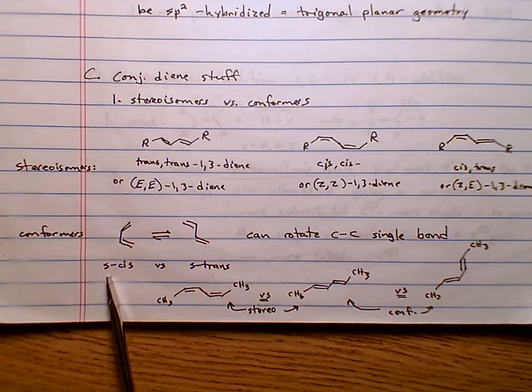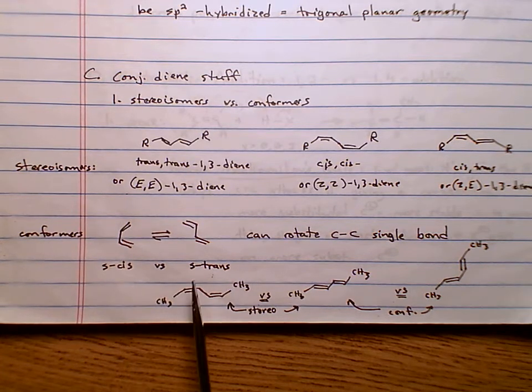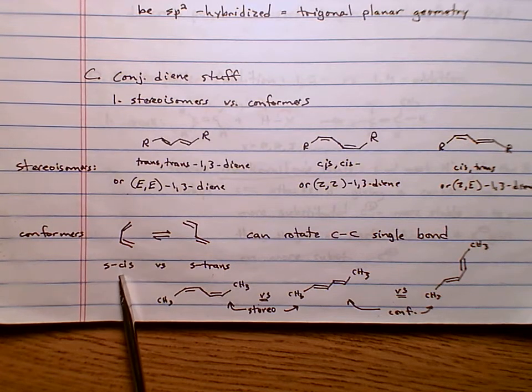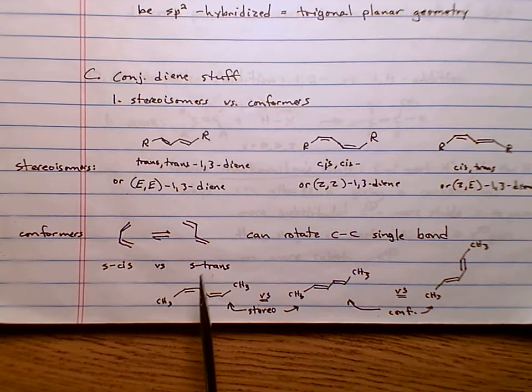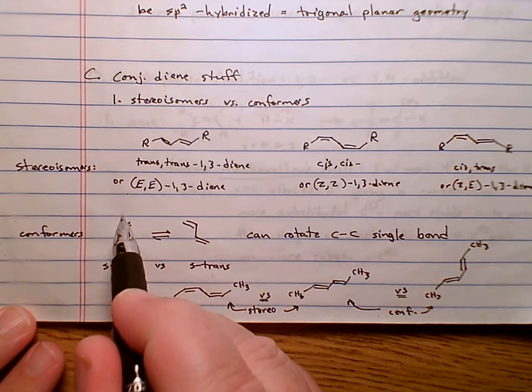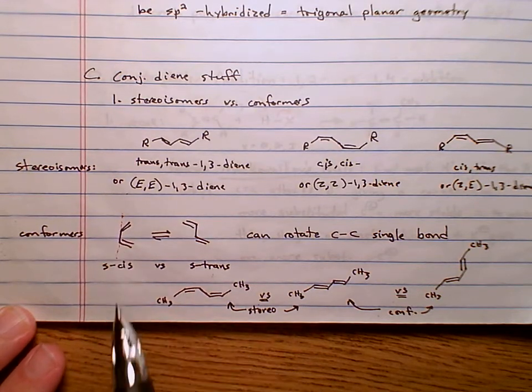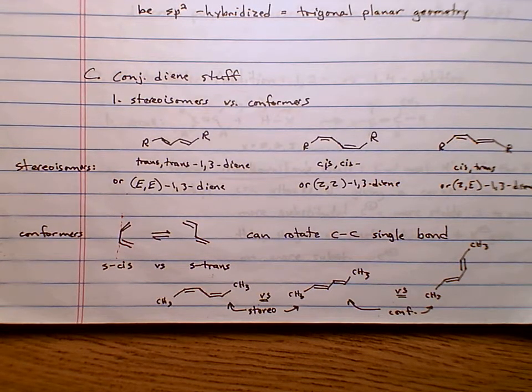We're going to call this s-cis and s-trans. And don't be fooled. We've got the cis and the trans there, but realize they're just conformations. We call this one s-cis because if we draw a line down the single bond, we see that the two double bonds are on the same side of the single bond here.